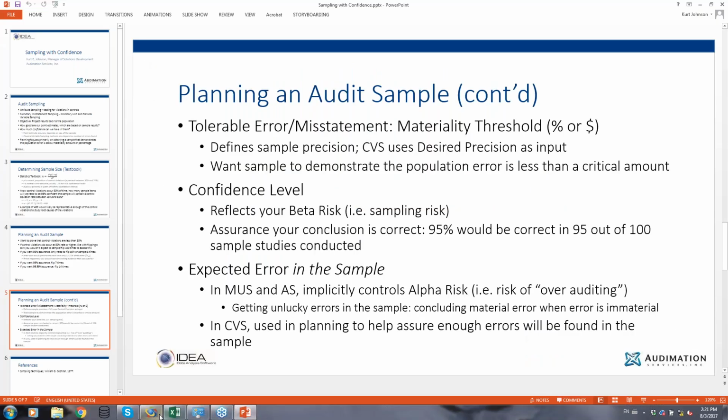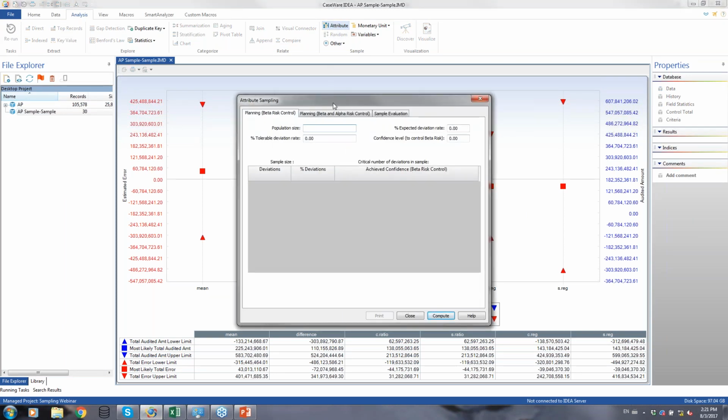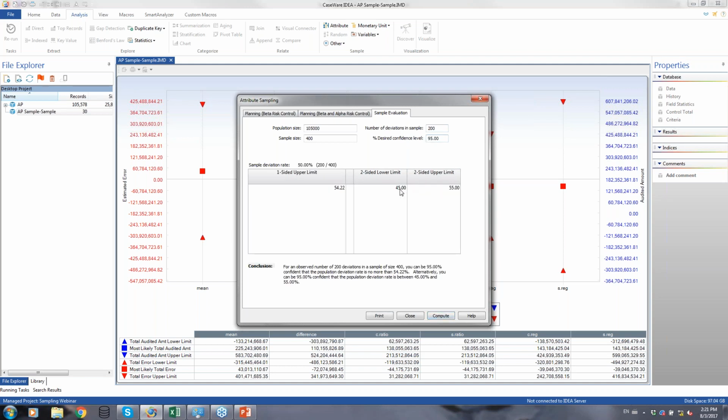the sample. So we're going to flip back over to IDEA for a minute, and we can look at attribute sampling. Again, if we were to take that 105,000 items, and we had that textbook example, this is how we get that 45 to 55% confidence level if we were to go that route.